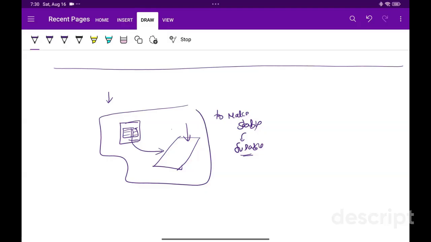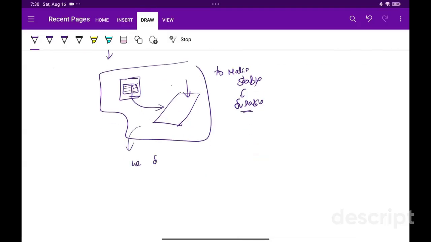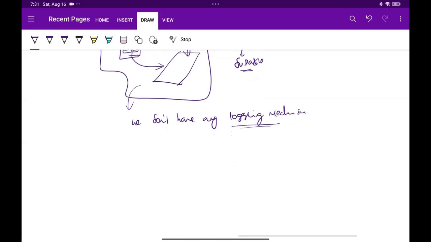Okay, now we don't have any logging mechanism. Without logging mechanism, what are the problems we observe here, and why we need logging mechanism here also.